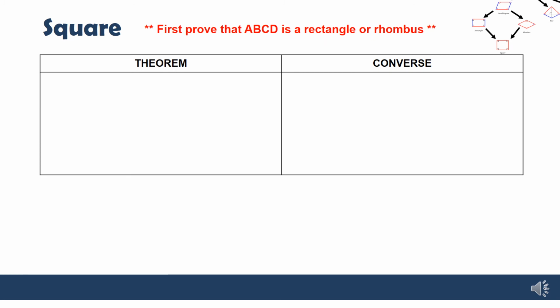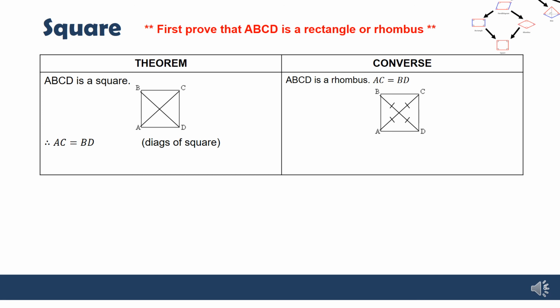Last one. In a square, if we look at the diagonals now, we know that the diagonals have to be equal to each other because it's a type of rectangle. So that means that AC is equal to BD. And now the converse of that, again, if we know that it's already a rhombus, in a rhombus we know that the diagonals bisect at 90.